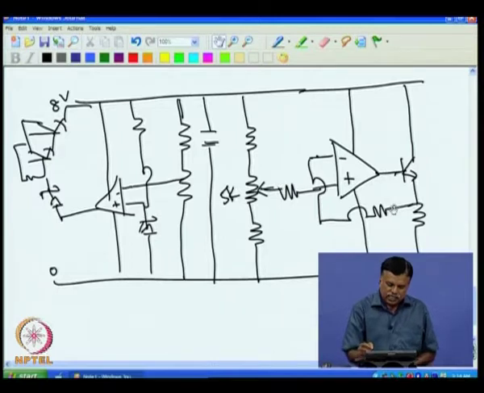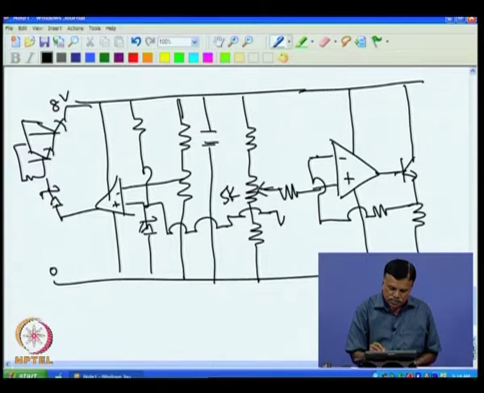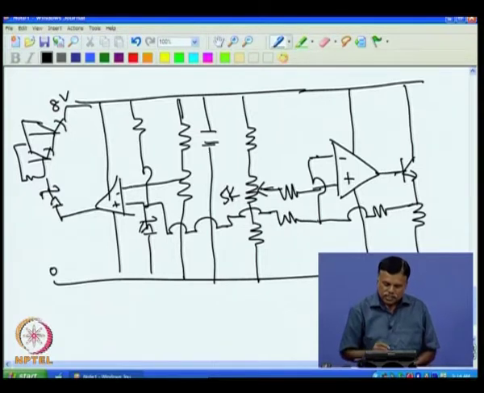So to tackle that issue, we can do a simple change. I take this voltage, put it on a resistance, and connect this here. By connecting like this, that problem is solved.